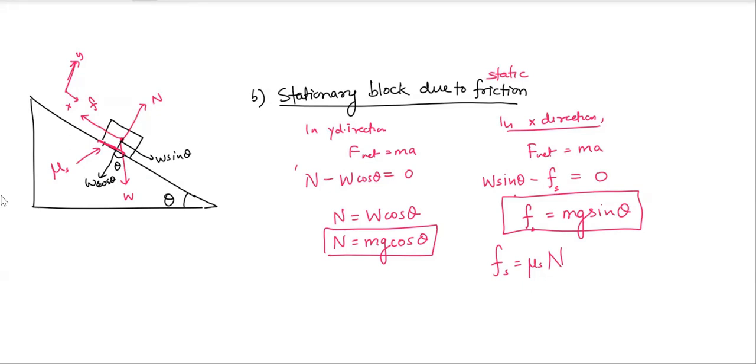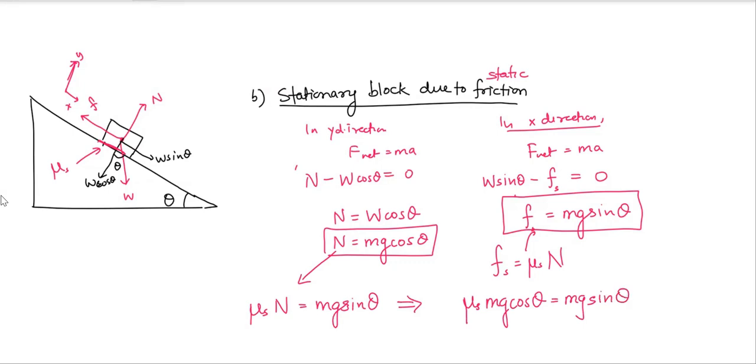I can substitute here: mu s n is equal to mg sin theta. Then I can substitute that n here, and I will get mu s mg cos theta is equal to mg sin theta, or I can write mu s equal to tan theta.